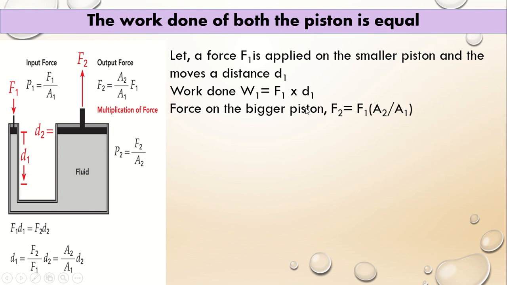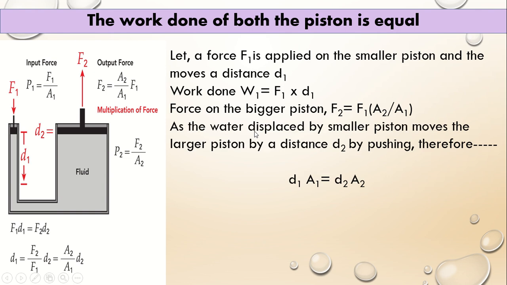Force on the bigger piston is F2. Previously we have deduced that F2 equals A2 by A1 into F1. As the water displaced by the smaller piston moves the larger piston by a distance d2, therefore d1 A1 equals d2 A2.